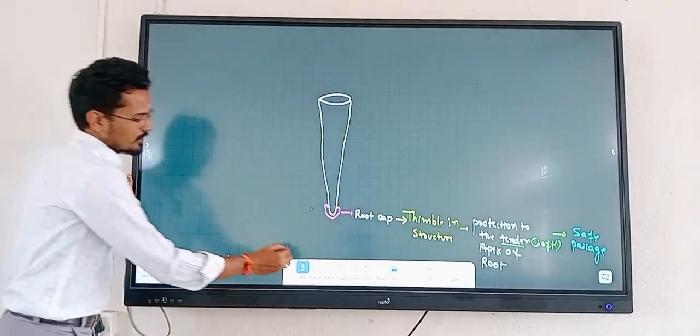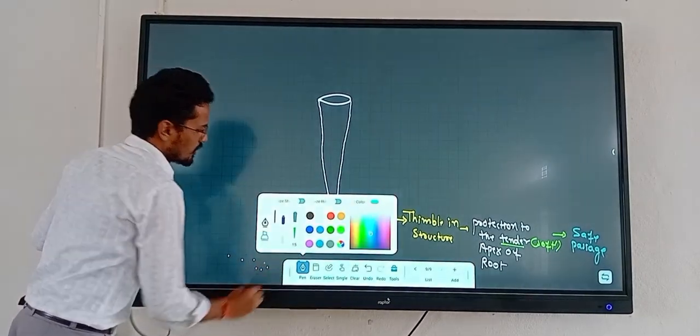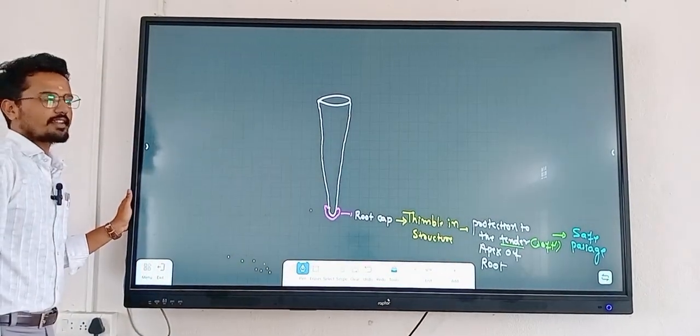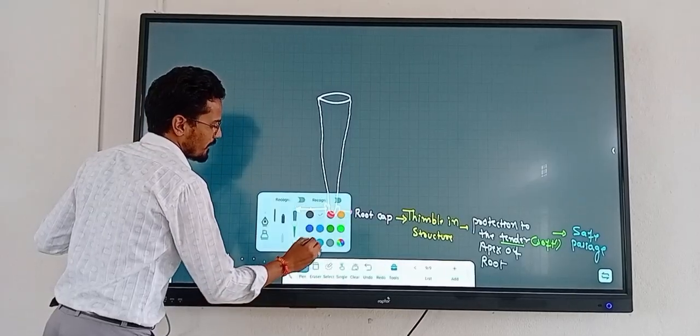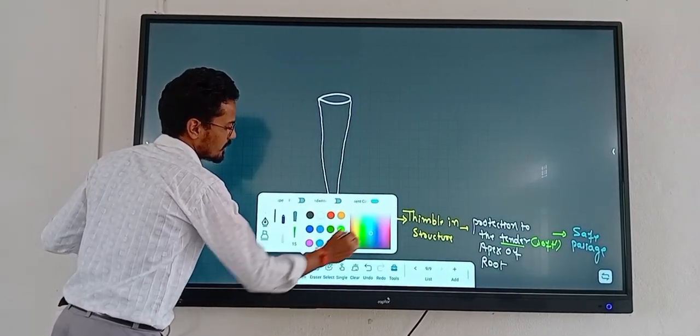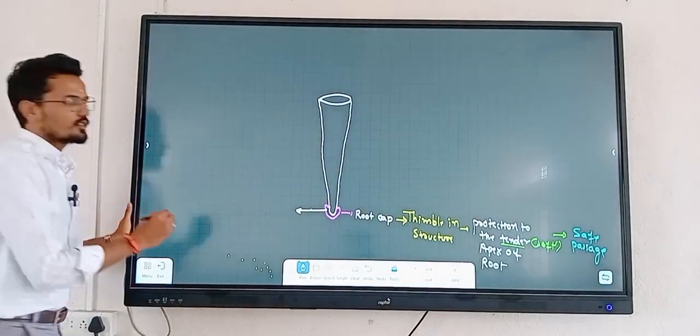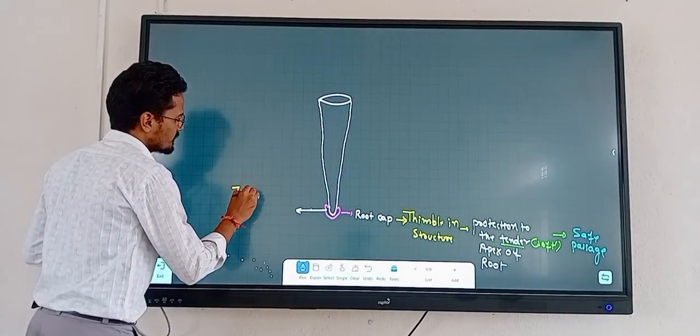Okay, just above the root cap, nothing but just proximal to the root cap. In your NCERT they have mentioned just proximal to the root cap.